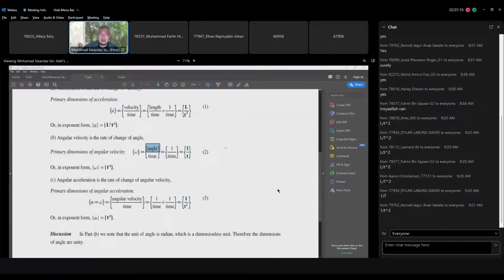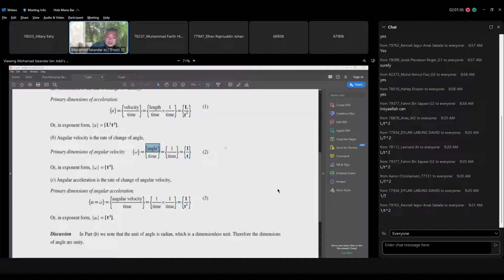How do you compare angle and displacement? I want to hear your arguments. For displacement, we define it as L. Why is angle not defined as L?